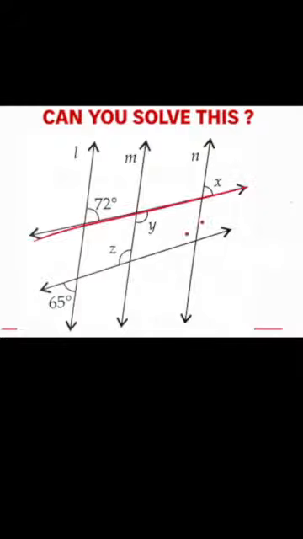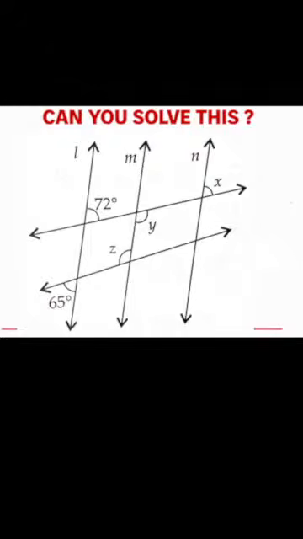They haven't mentioned that these two lines are parallel. L, M, N are parallel to each other. They have written the names only. These transversals are not parallel to each other. Okay, I hope it is clear.